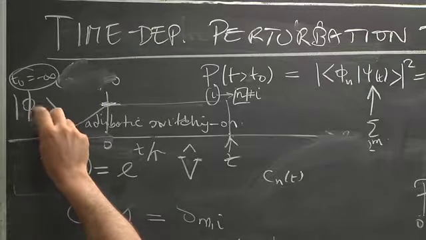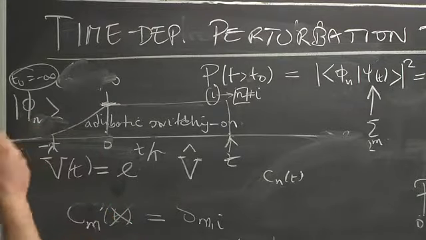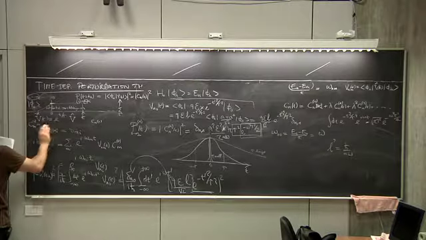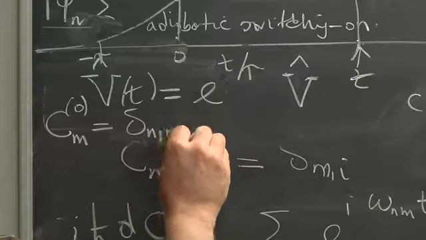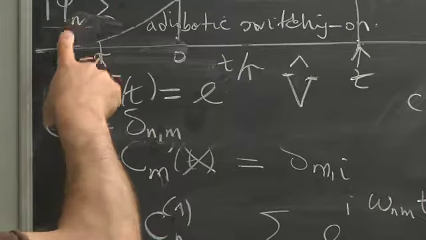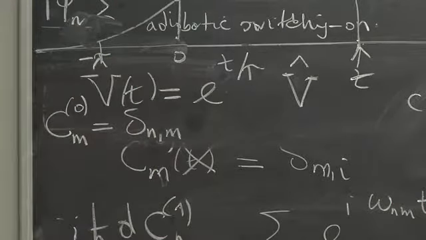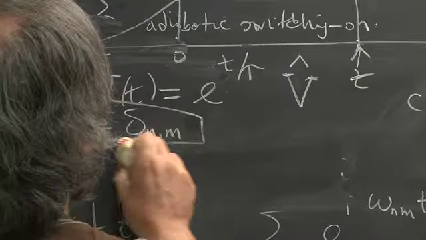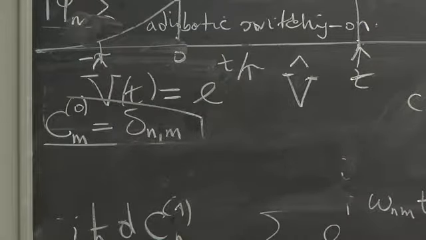I was in a given eigenstate n, so C 0 of m was just the delta of n m. Rather than using the other index I prefer to use the value n here, for a reason that you will understand in a second. So this is my initial condition. Let us calculate the result. It's the same approach, obviously. But now the ingredient that I need, let me erase a few things.